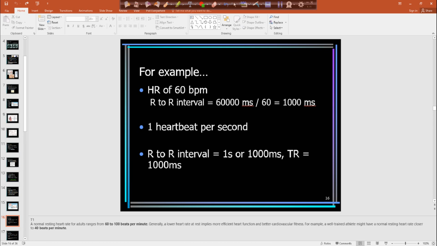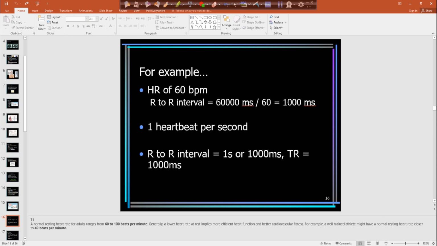So let's imagine we do have that athlete that has a heart rate of about 40 beats per minute. What is our effective TR with an athlete that has 40 beats per minute? 1,500 milliseconds.